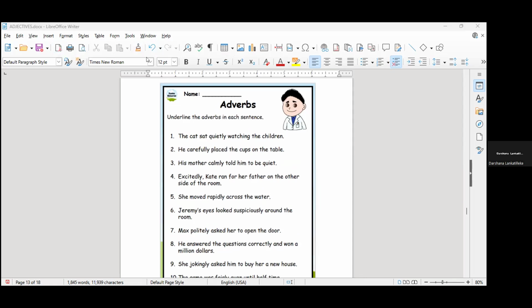Some of you have sent the answers, and I think there is not only one adverb there. Sometimes in one sentence, more than one is also there, right? Check those things also.